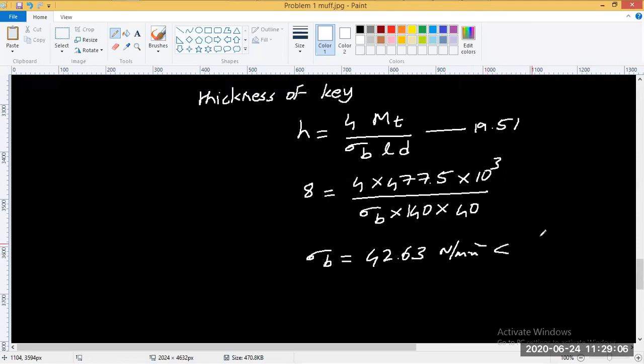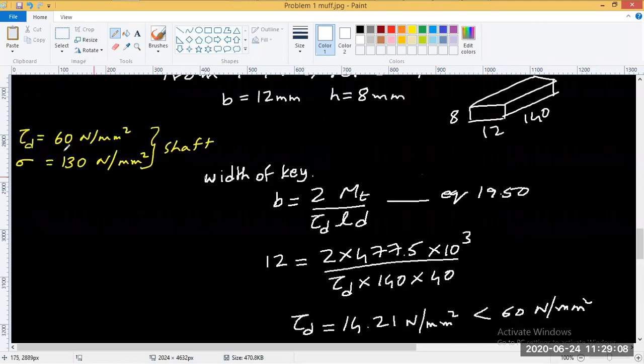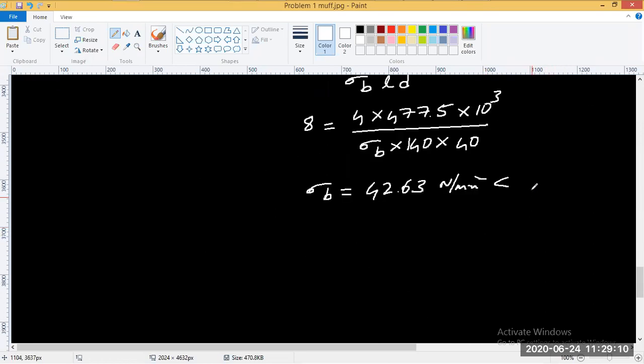So this is again lesser than the allowable stress, that is 130 Newton per mm square. This is lesser than 130 newtons per mm square. So therefore, you can say that the design is safe.